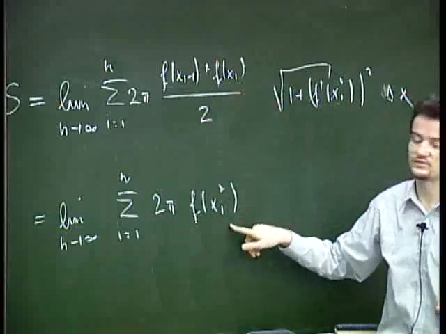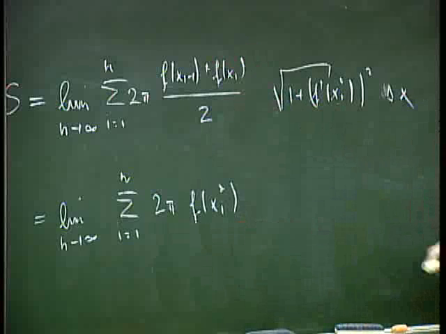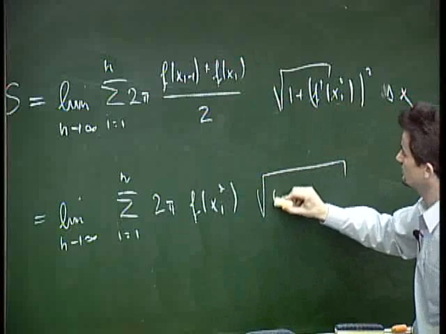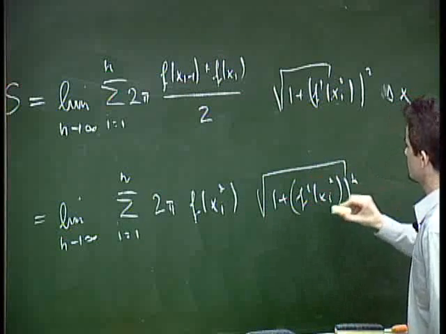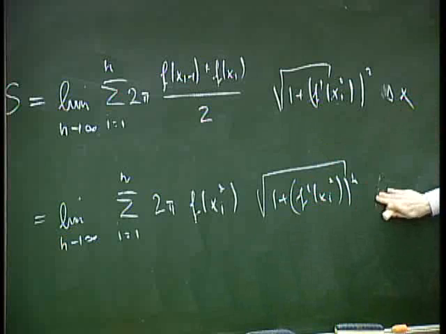And so what you get here is the function evaluated at the sample point times this kind of object times delta x. And now what you have is indeed a Riemann sum.